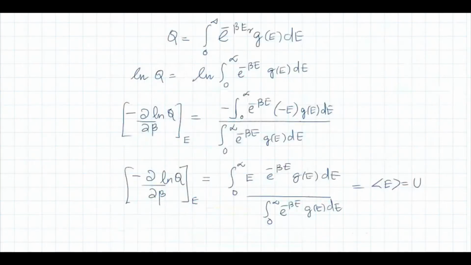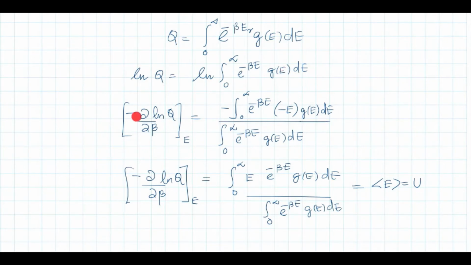Now, for deriving another relation, we will consider first the partition function. It is Q equal to the integral from 0 to infinity of e raised to minus beta E g(E) dE, and log Q is the logarithm of the integral from 0 to infinity of e raised to minus beta E g(E) dE.